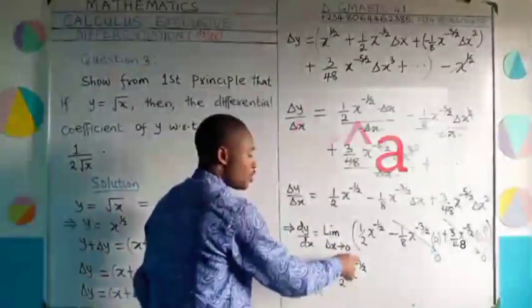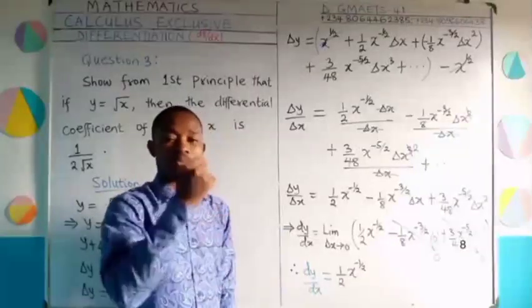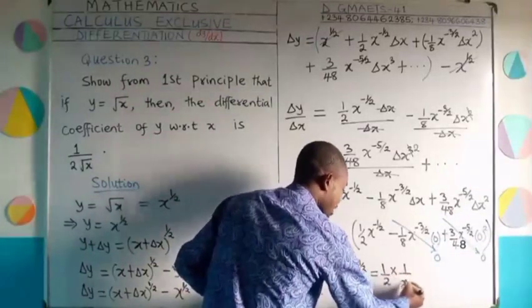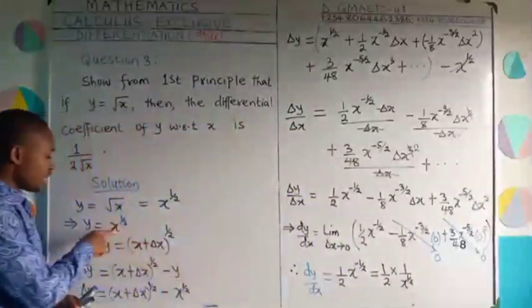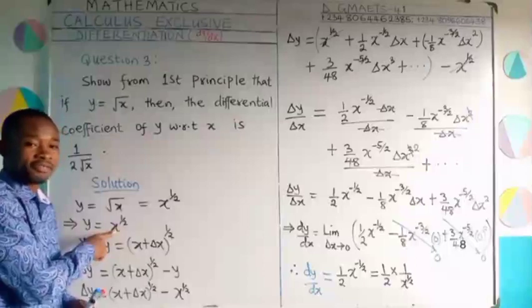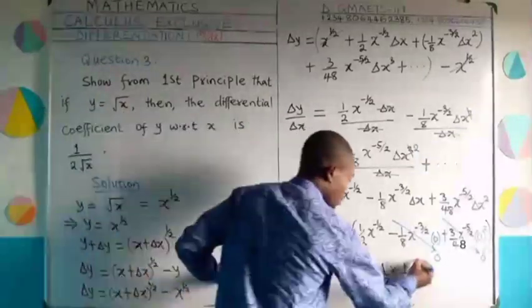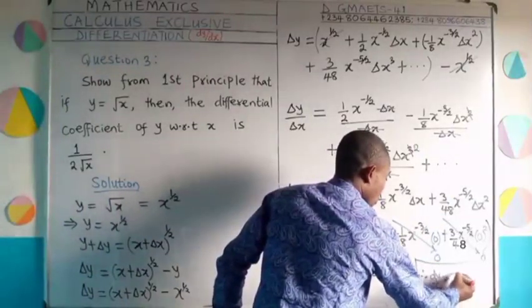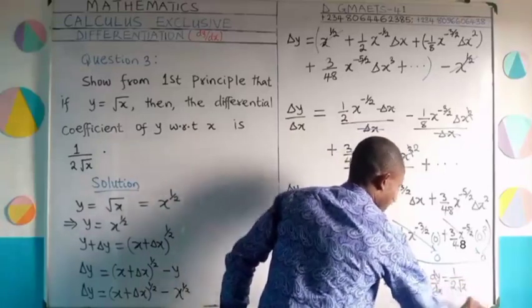So this x raised to the power minus 1 over 2 is simply 1 over x raised to the power 1 over 2. This is equal to 1 over 2 times 1 over x raised to the power half. And of course, any term raised to the power half is equal to the square root of that term. Concluding, therefore, dy dx is equal to 1 over 2 times square root of x.